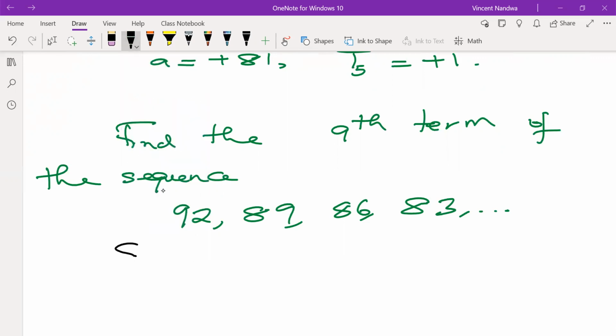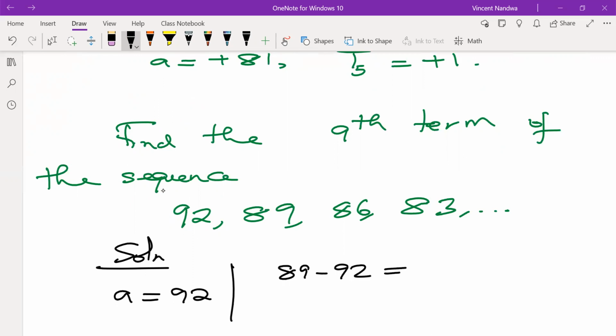So, quick solution: we have a is 92. Now, 89 minus 92 gives us minus 3. 86 minus 89 gives us minus 3.